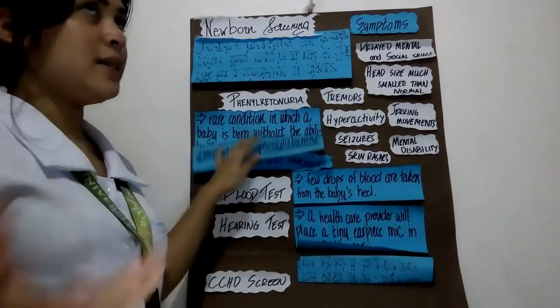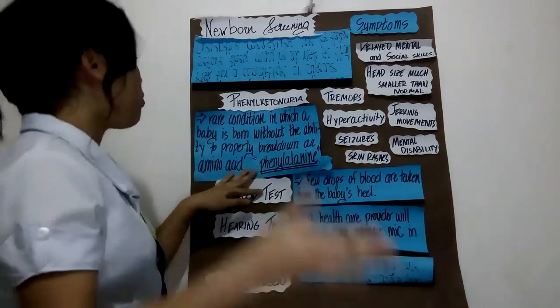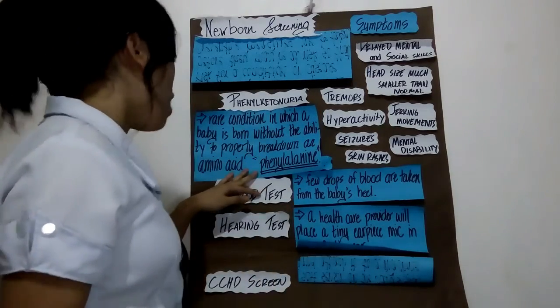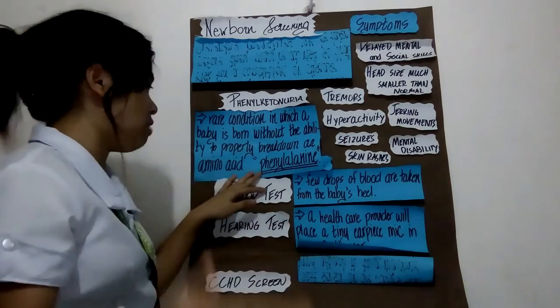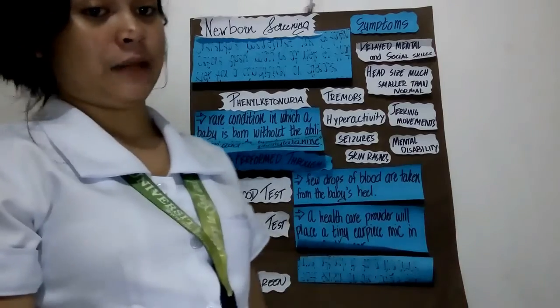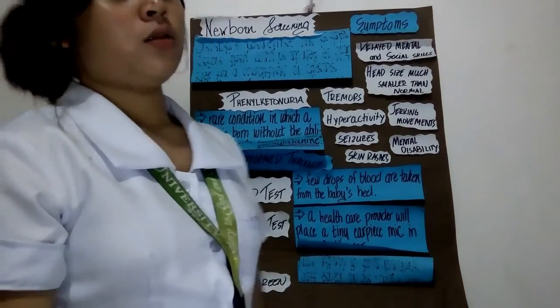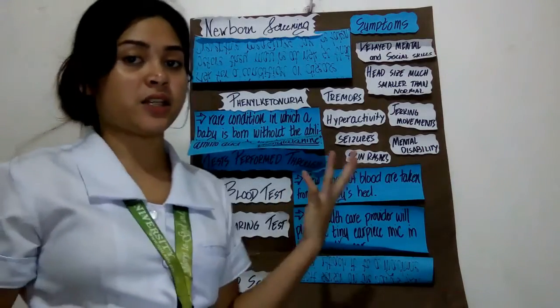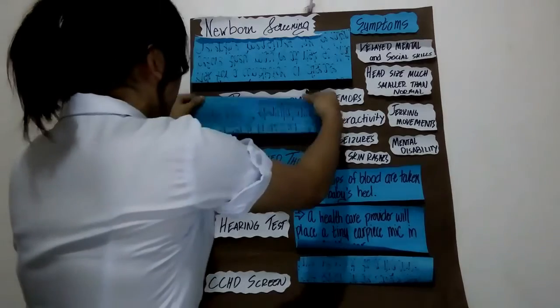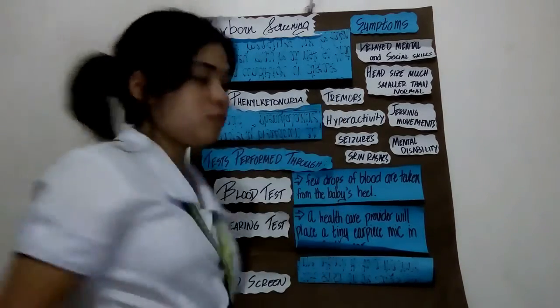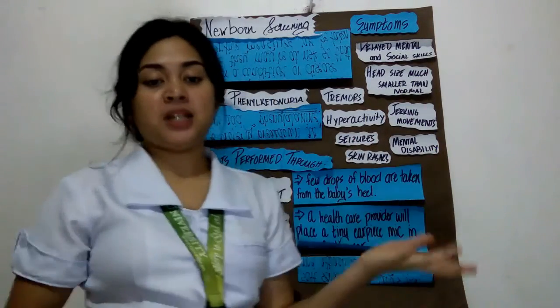Let's look at phenylketonuria. So what is phenylketonuria? It is a rare condition in which a baby is born without the ability to properly break down an amino acid, phenylalanine. So, what causes this disorder? The disorder is inherited, which means it is passed down in families.